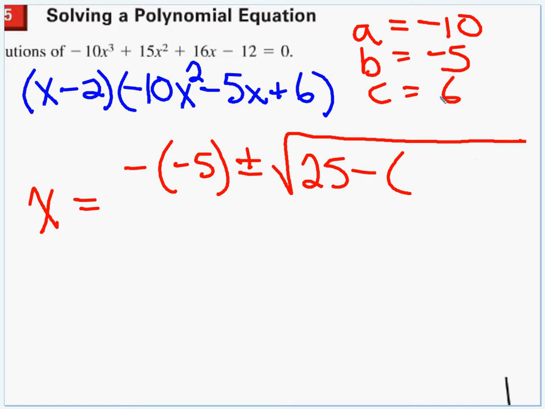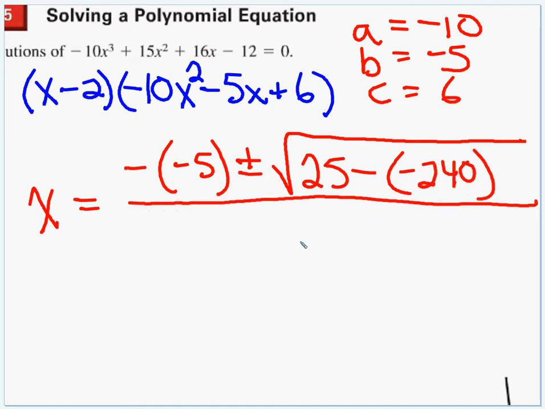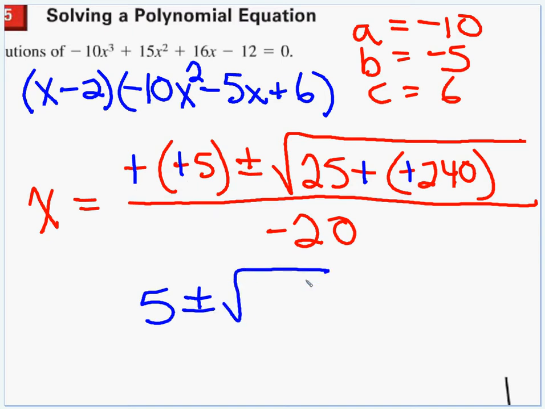A times C is negative 60, times 4 will be negative 240, all over 2 times A, that'll be negative 20. So let's see, minus a negative, add the opposite.